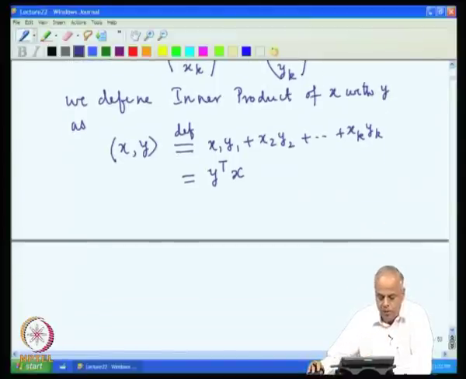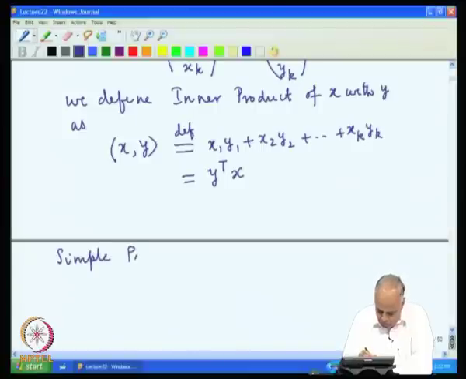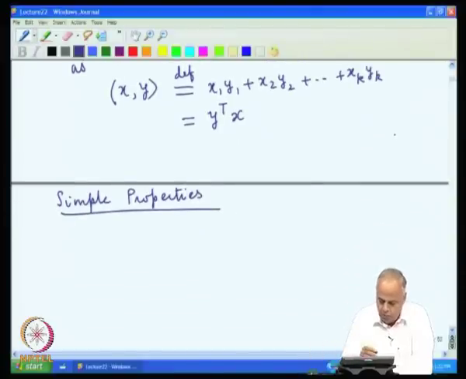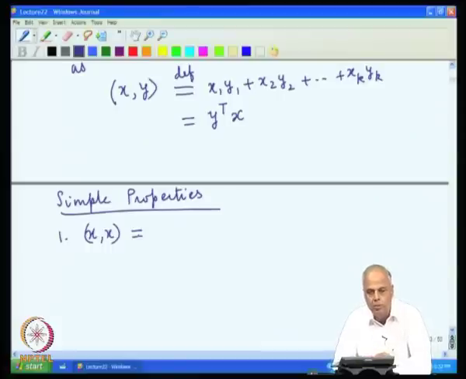We observe first some simple properties of this inner product. From the definition, we observe that (x, x) will be x1 squared plus x2 squared plus x3 squared plus ... xk squared.